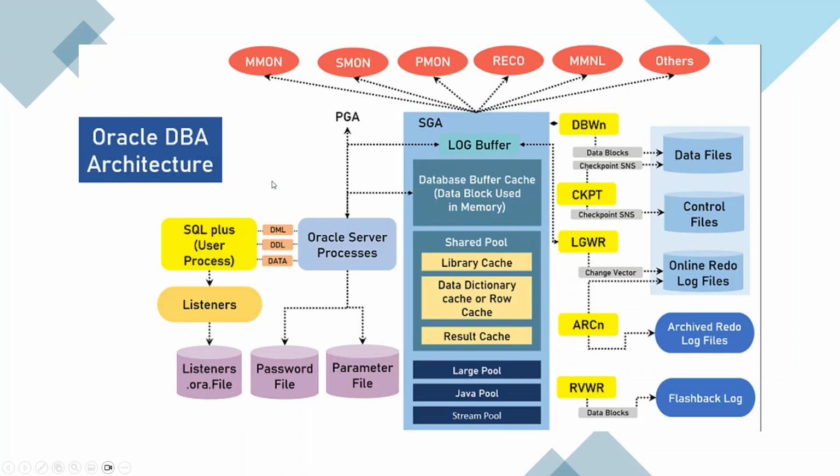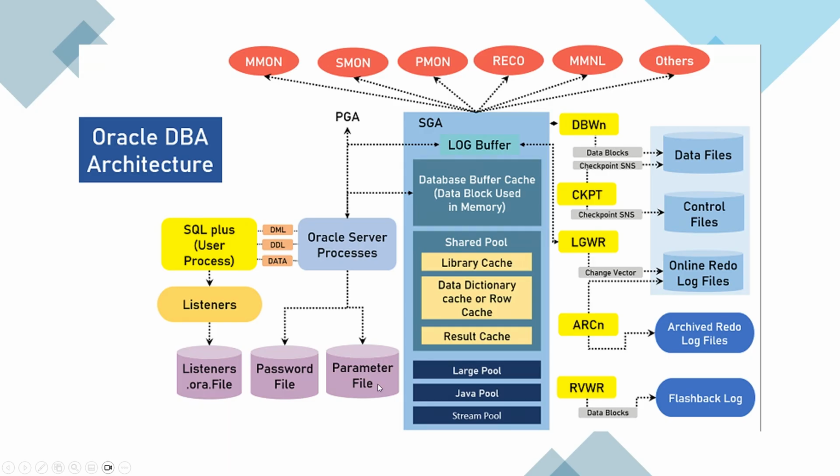So whenever you start a database, whenever you start an instance, basically it touches the memory first. Before it touches the memory, there is a parameter file. First it reads that. The parameter file, we call it an initialization file as well. So whenever you start up an instance, it reads this parameter file.